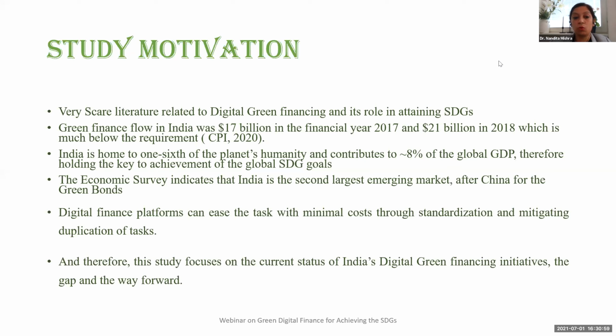India is home to one-sixth of the world's population and contributes around 8% to global GDP, so I think India holds a very important role when we talk about achieving SDGs.